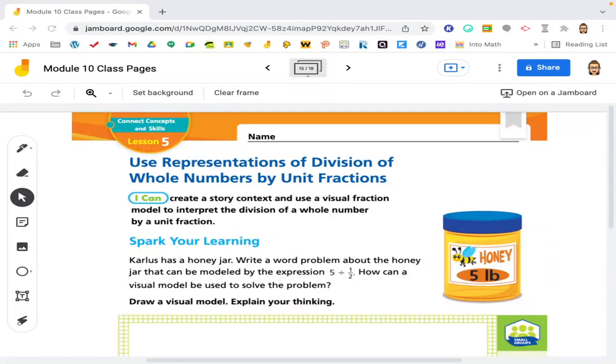So it says Carlos has a honey jar. Write a word problem about the honey jar that can be modeled by the expression 5 divided by 1/2. How can a visual model be used to solve the problem? Explain your thinking.